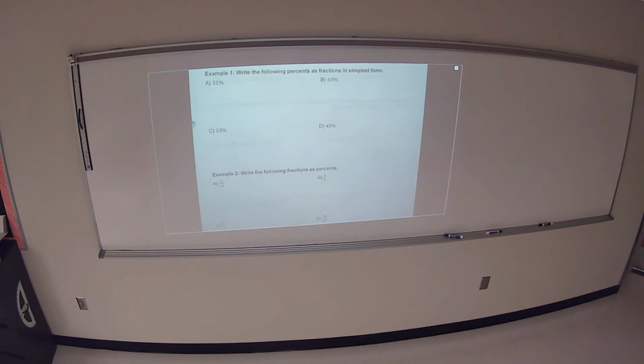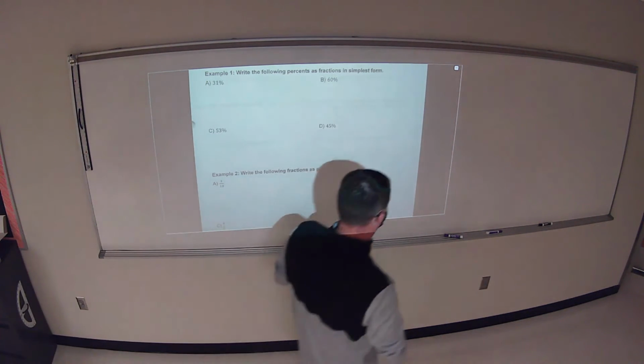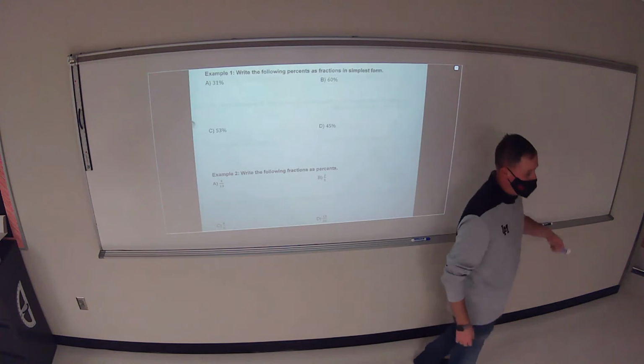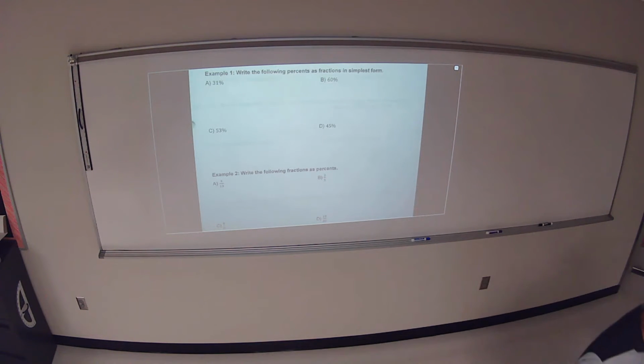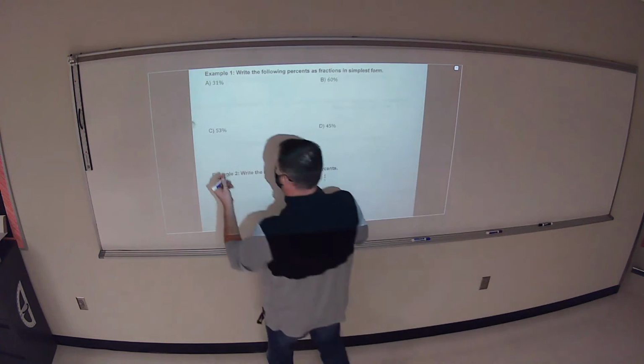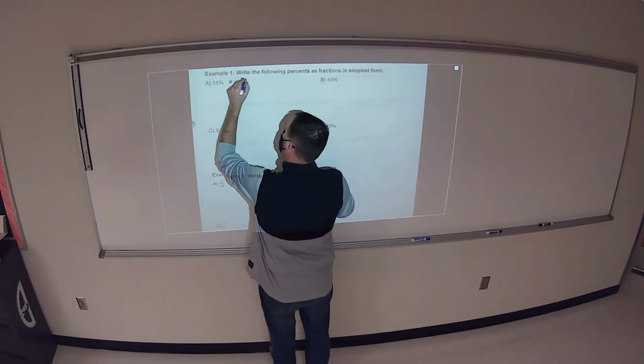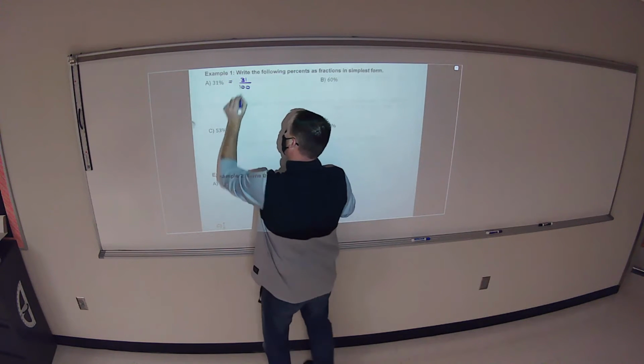We're going to begin by using our definition of a percent to write it as a fraction. Then, if possible, we're going to reduce. Okay? So, what did our definition of percent say? It is a ratio or a fraction whose denominator is 100. So, if I wanted to write 31% as a fraction, it is 31 over 100.